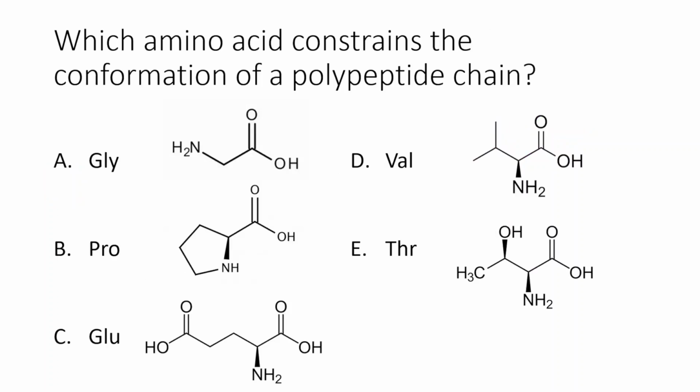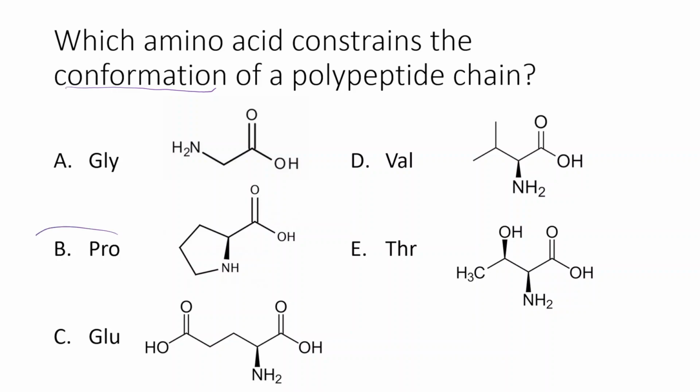So, which of these amino acids constrains the conformation of a polypeptide chain? The conformation refers to the shape, essentially, or the configuration of all the different groups. And constrain means it stops it from free movement, essentially.